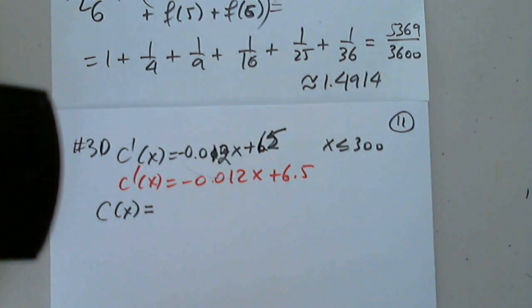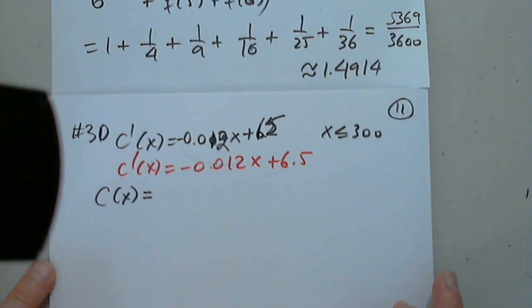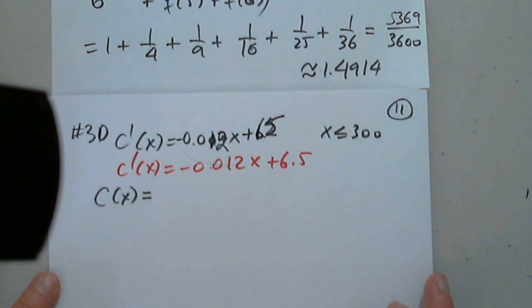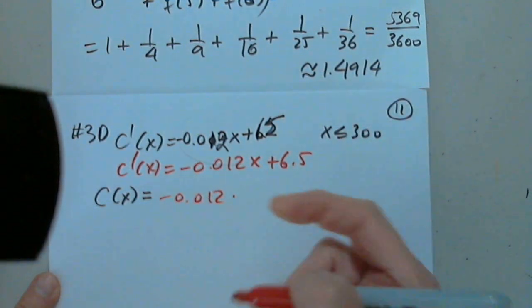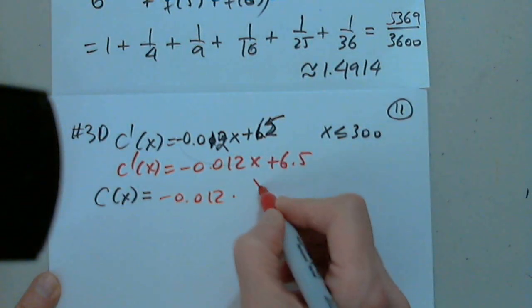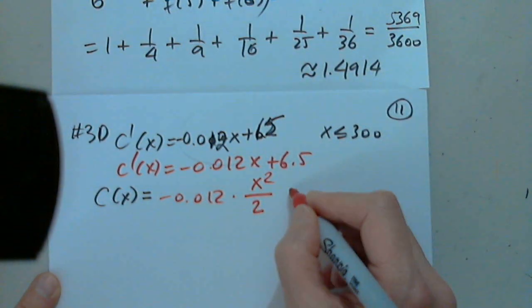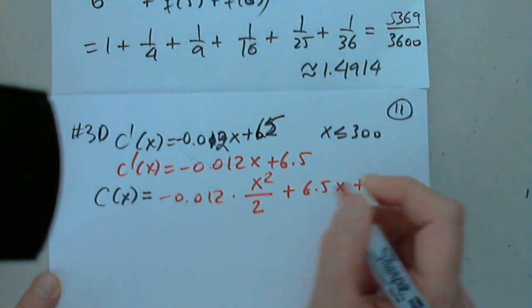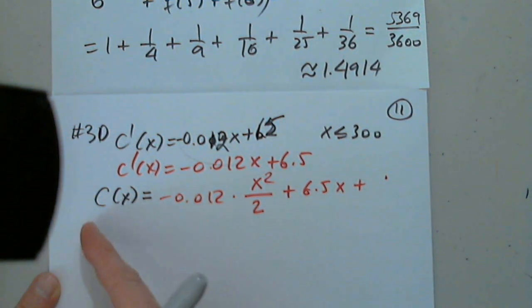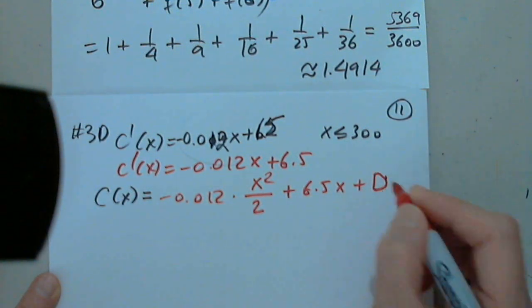So let's find the cost. So I have negative 0.012, which function prime is x. You already told me several times tonight, plus 6.5x plus, I don't like to use a constant c when I have c, so I'm going to use d, just not to be confused.